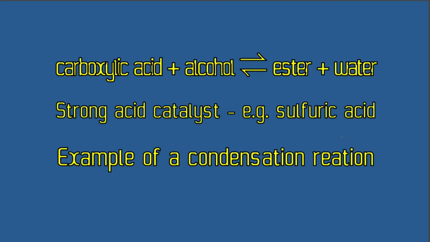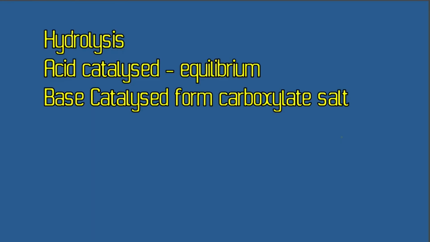We've looked at how we can make esters by reacting an alcohol and carboxylic acid in the presence of a strong acid catalyst, and how we can then break this apart again in a hydrolysis reaction, so how the ester can react with water to then form the carboxylic acid and the alcohol.